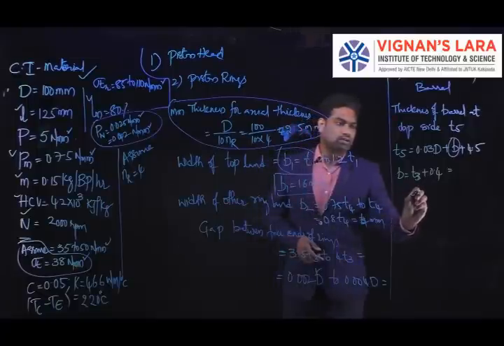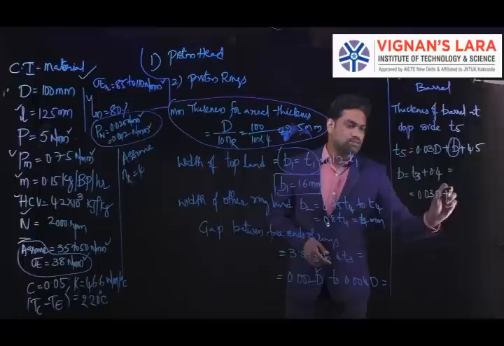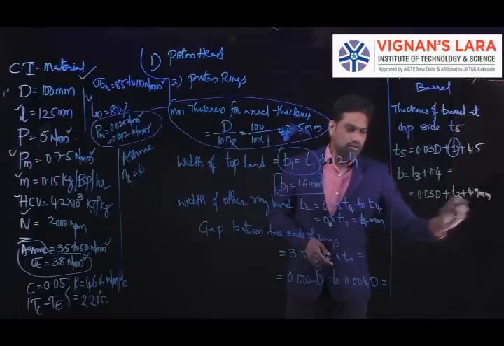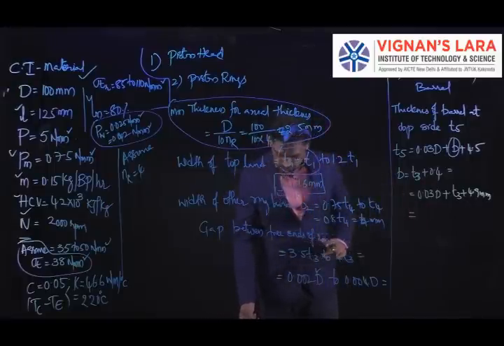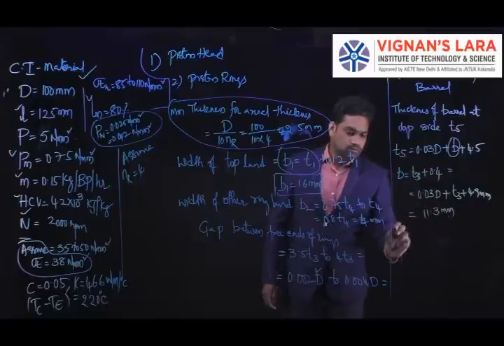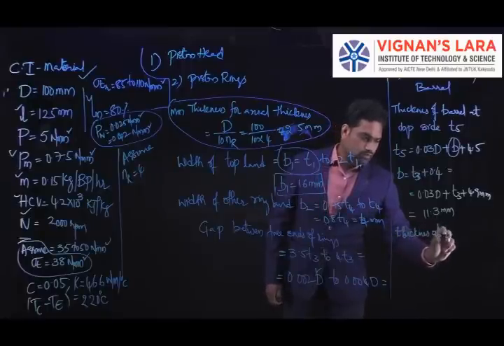After that, the thickness of the piston barrel at the top side is 0.03 D plus b plus 4.9 mm, and this value is given by 11.3 mm. You can also calculate the thickness of the barrel.